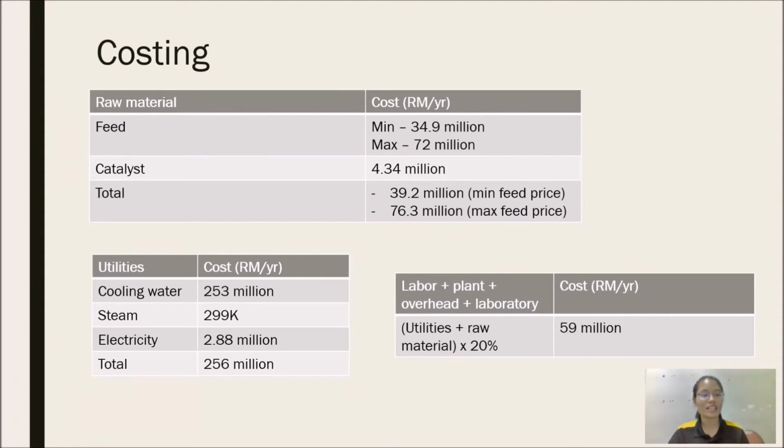The total is 256 million ringgit per year. For our labor, plant overhead and laboratory costing, we add the utility cost and raw material cost, times 0.2, and we get 59 million ringgit per year. So our total operating costs will be this price.